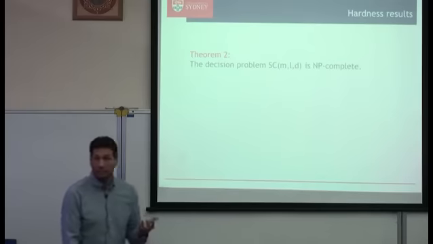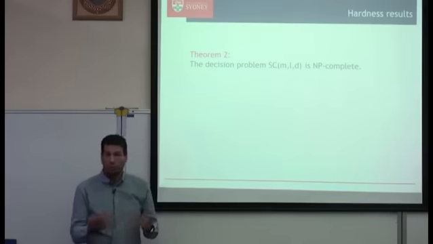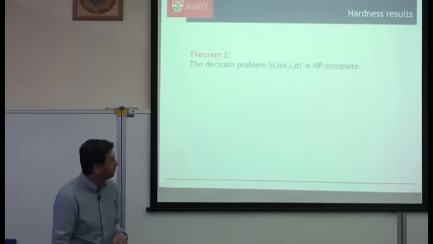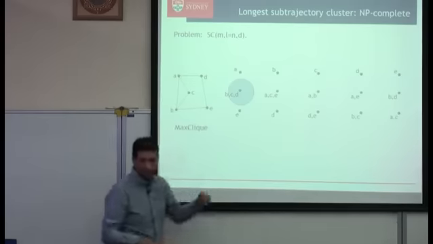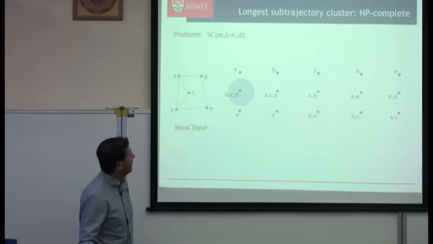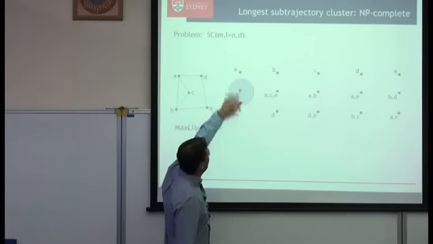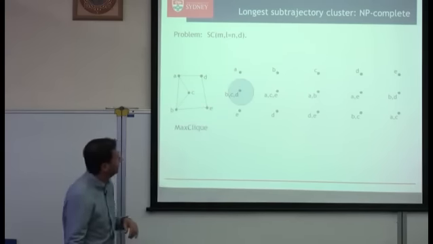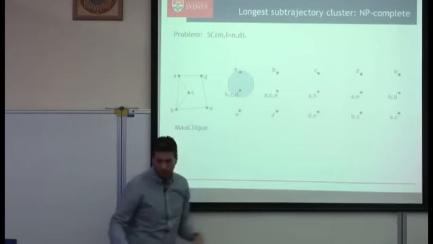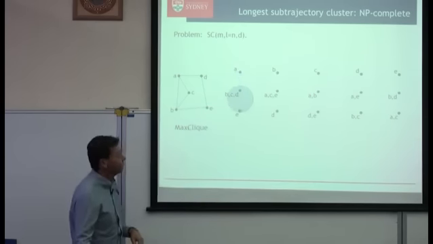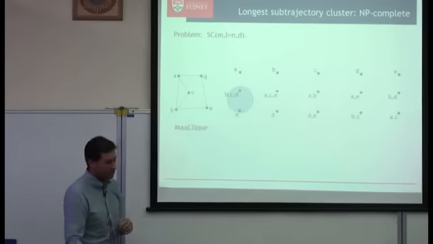So since k-clique is NP-hard, I know that the decision version of our problem is also NP-hard. There's a nice little observation here: this might have size d, and this means that I have to choose either A or E. But I can actually make this ball much bigger, almost twice as big.